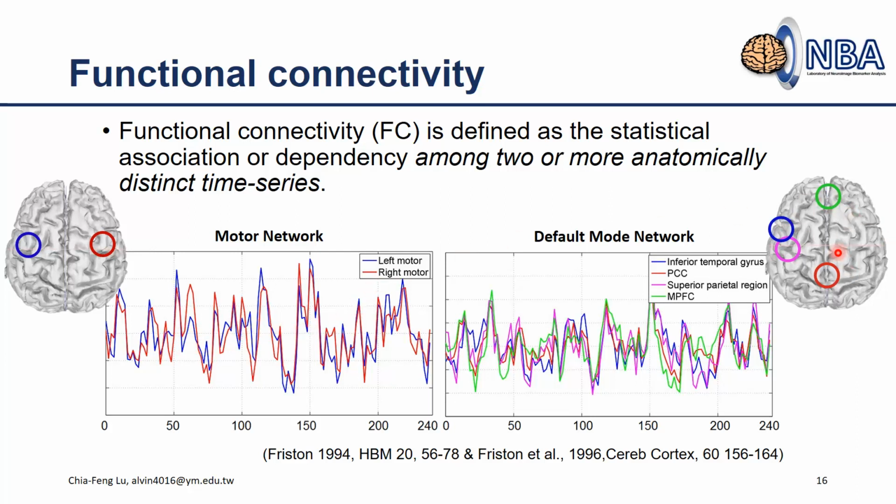Now, when the patient is in a so-called resting state, you can pick maybe 4 different regions. This one should be the medial prefrontal cortex, this one may be the posterior cingulate cortex, and maybe one from the superior parietal region and one from the inferior temporal gyrus. There are 4 different regions, and you can see, again, the profiles are pretty similar with each other. Actually, they form a network we call the default mode network.